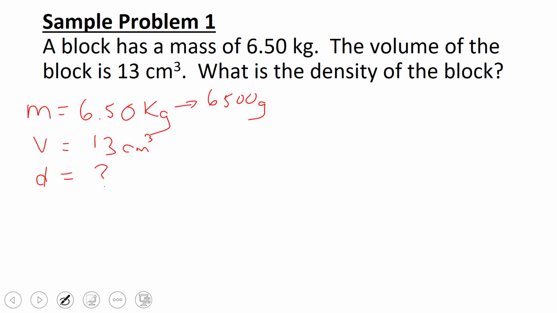I don't think that that's got the right amount of sig figs in it, and there's two ways to deal with that. One is just to write it so that I see that there's 3 sig figs, or the other might be to write it as 6.50 times 10 to the third grams. Either way is okay at this point, because both of them have 3 sig figs. All right, so that's my givens and my unknowns of my guess method.